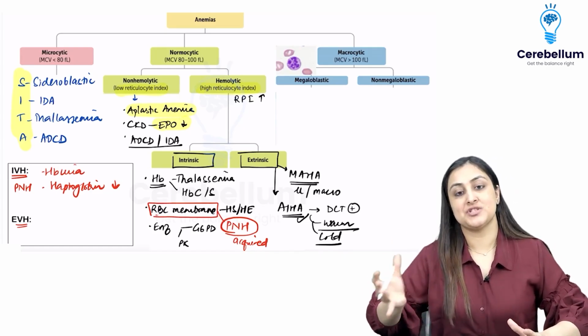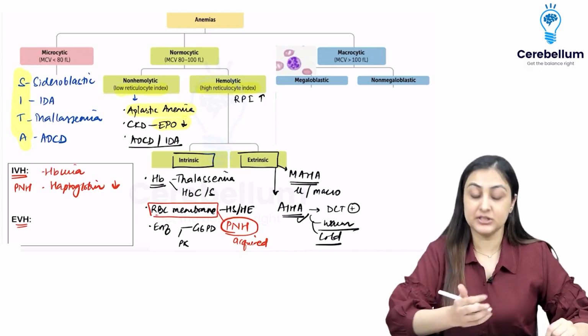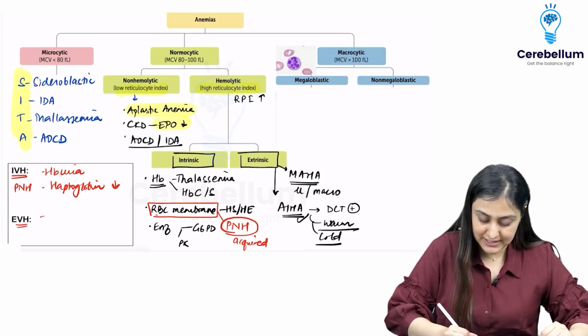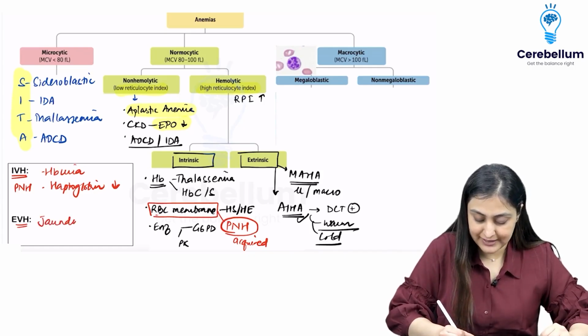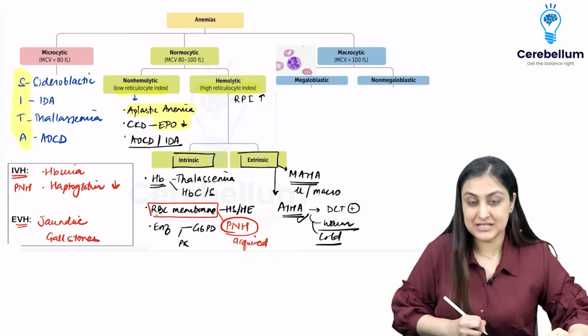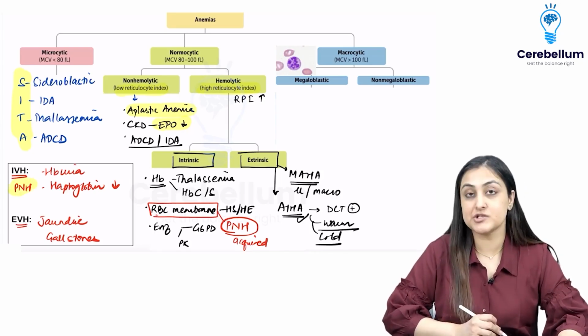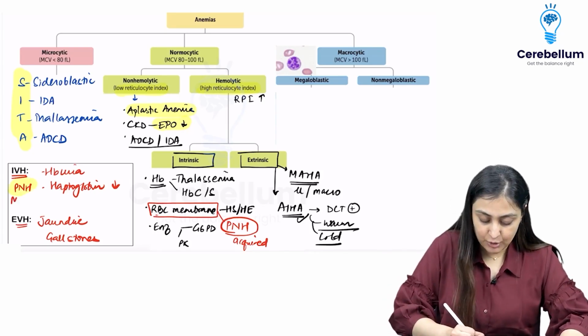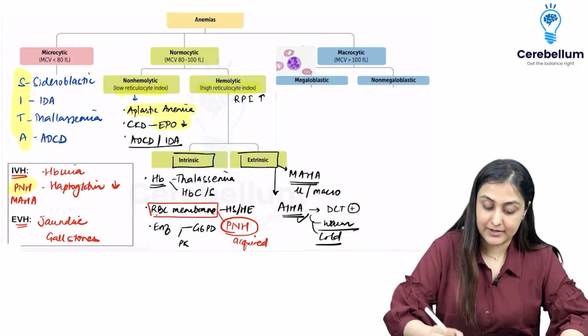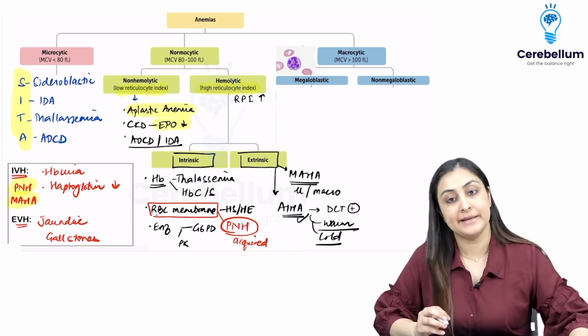You have hemolysis which is happening and then all of that destroyed blood is going to become bilirubin in the liver. So, you can have jaundice, right? So, you're gonna have jaundice and you can have stones. You can have gallstones, which are your pigment stones. So, these are the manifestations. So, predominantly IVH, remember, is gonna happen in PNH and all of your causes of MAHA, right? So, these are your two categories where you're gonna see intravascular hemolysis.